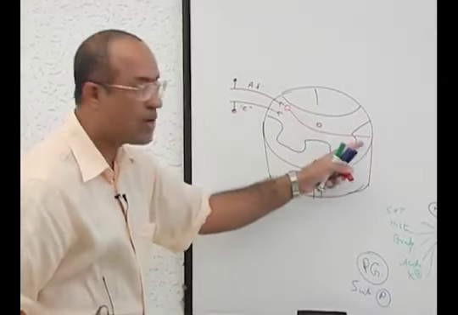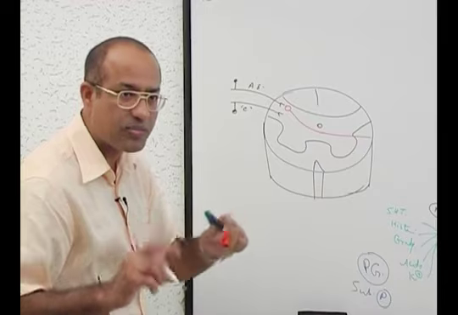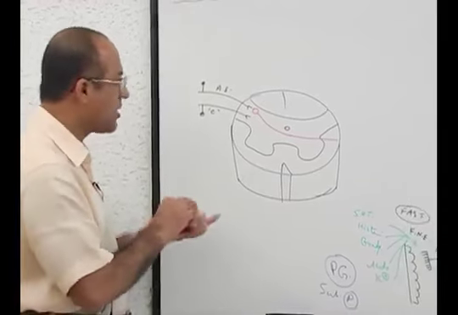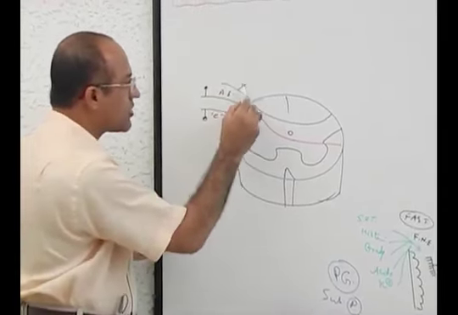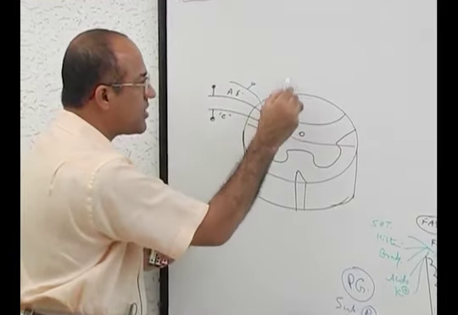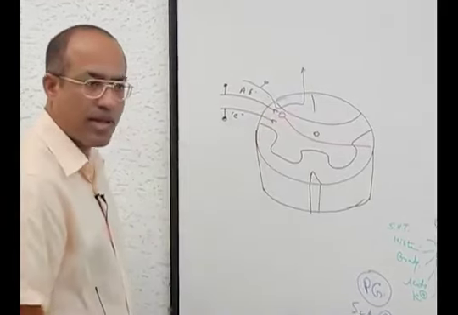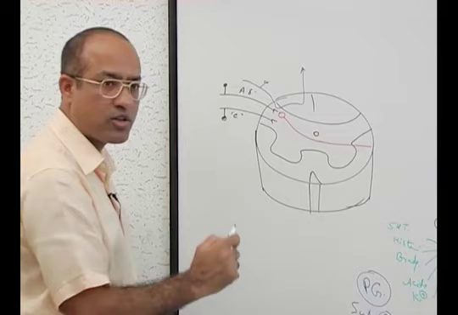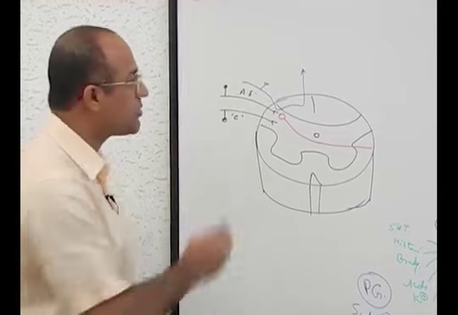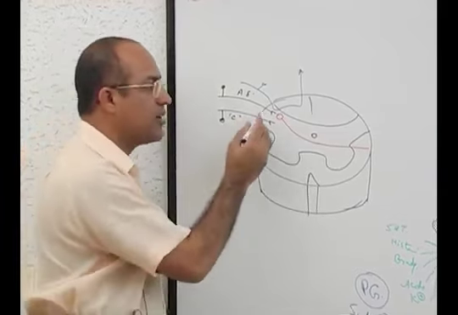The fibers will go to the contralateral side. Again, make a comparison. In the dorsal system, these were the central fibers which ascended upward.